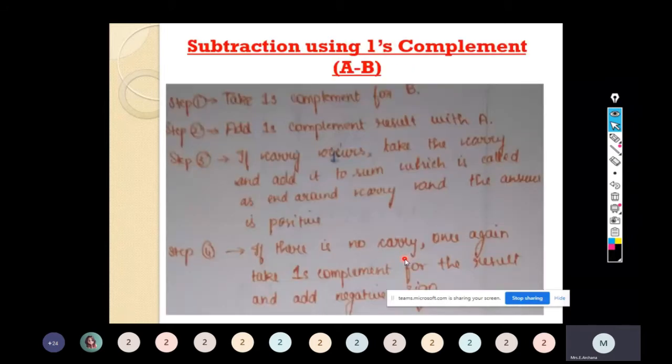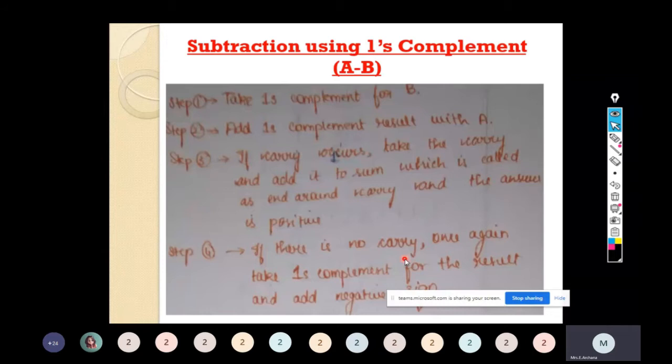We are going to see 4 categories in subtraction: subtraction using 1's complement, 2's complement, 9's complement, and 10's complement. For each, we are going to see the procedure and then an example.